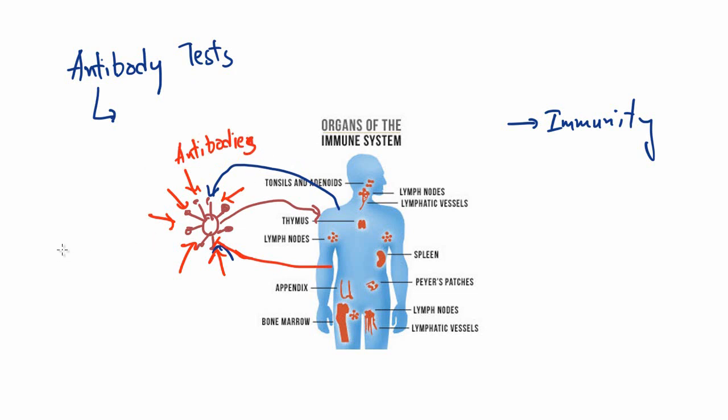And why are we calling them antibodies? Because all these infective organisms are made up of protein. Say for this virus, the basic component is nothing but a protein, and these are called antigens.